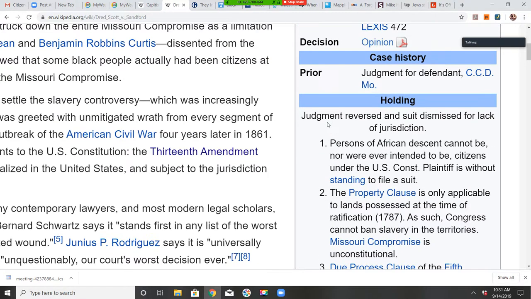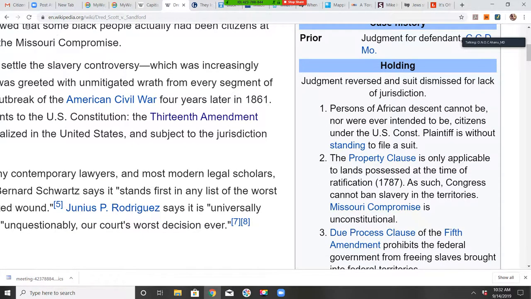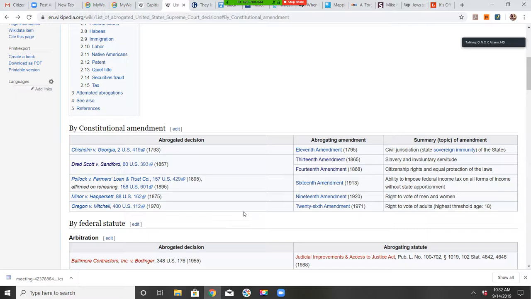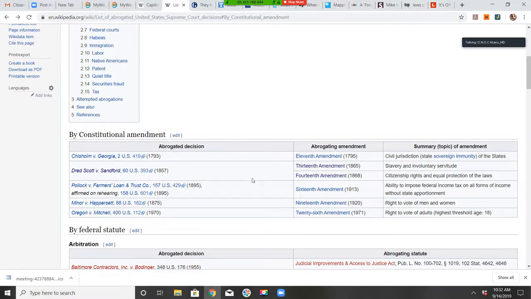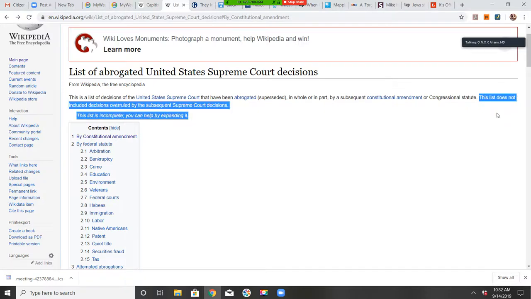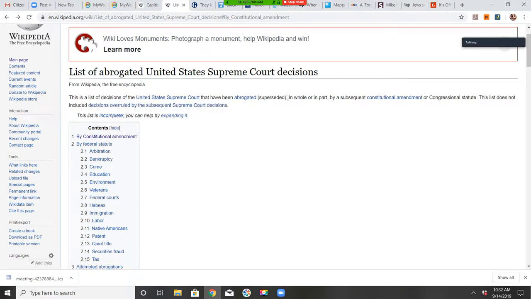So I just wanted to do a little bit more research and get more into the Dred Scott, because people are going to try to say the Dred Scott is overruled. Number one, you can stop them right there and say that superseded and abrogated is different from overruled, because some part of the decision is still true. Because it was abrogated.